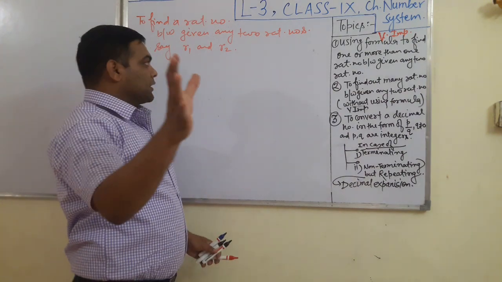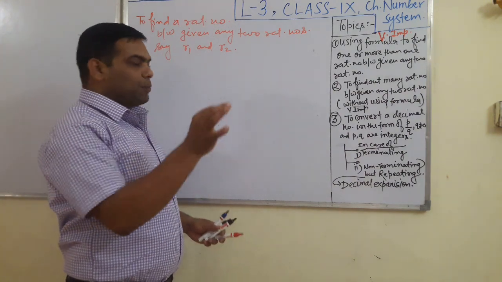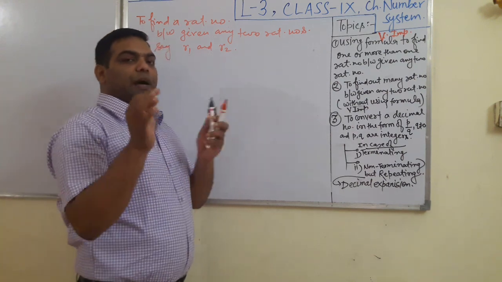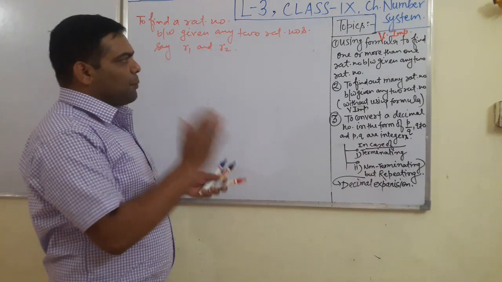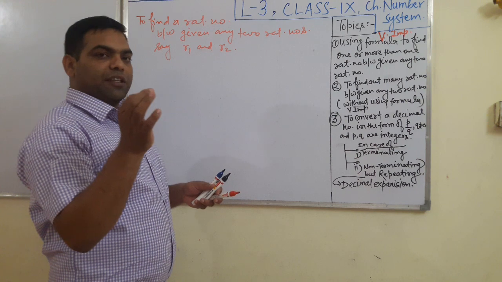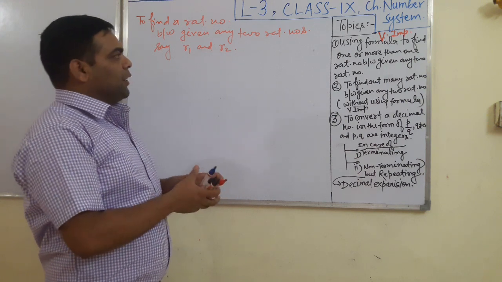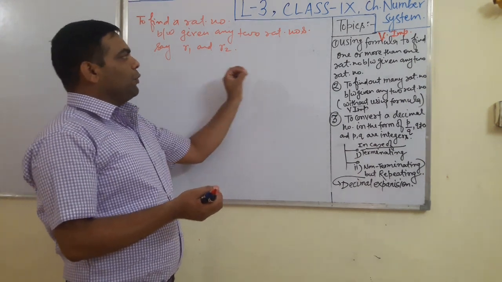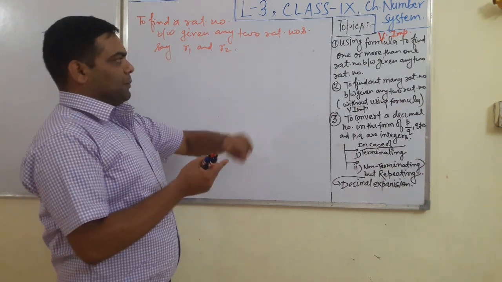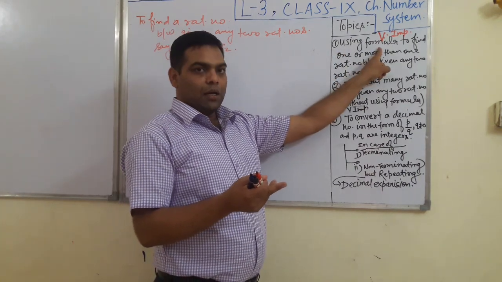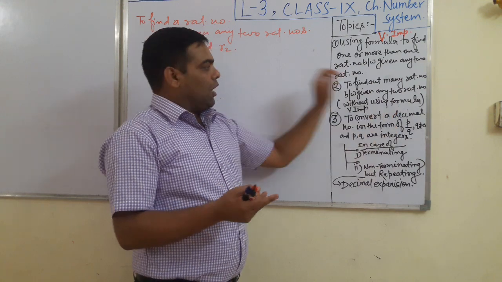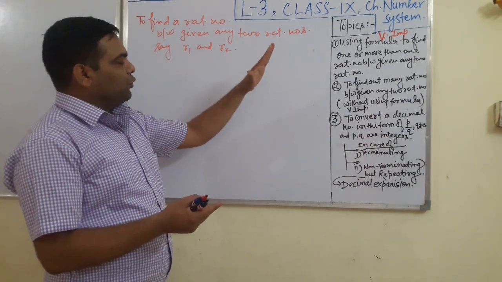Students, firstly I am going to make clear to all of you that there exist infinitely many rational numbers between any two given rational numbers. Keeping this concept in mind, we can find many more rational numbers between any two given rational numbers in two ways. One, by using a formula, another without using a formula. How? I am telling you one by one.